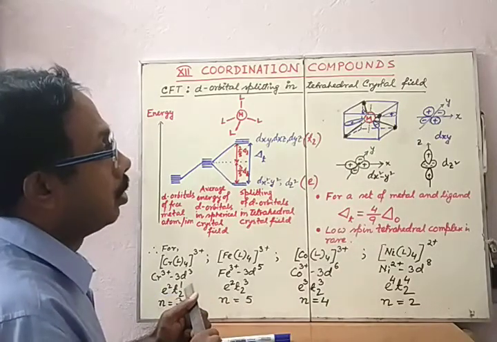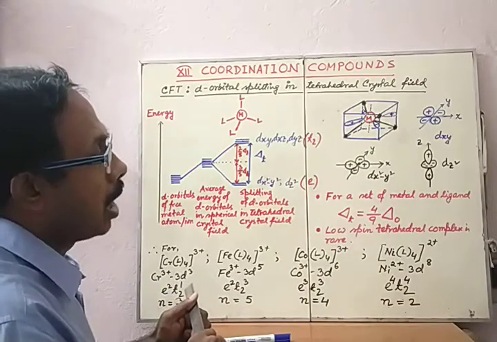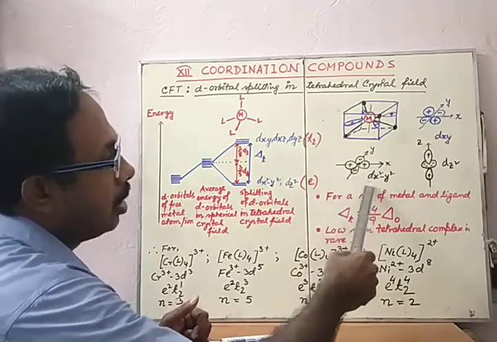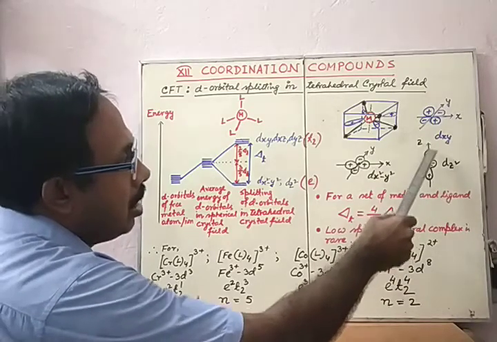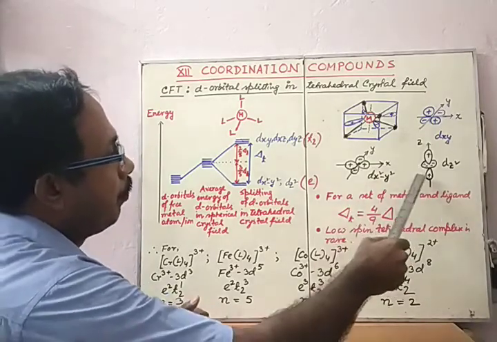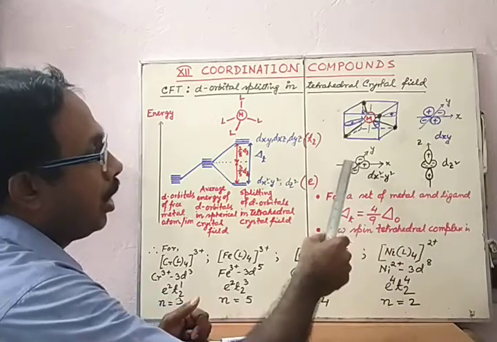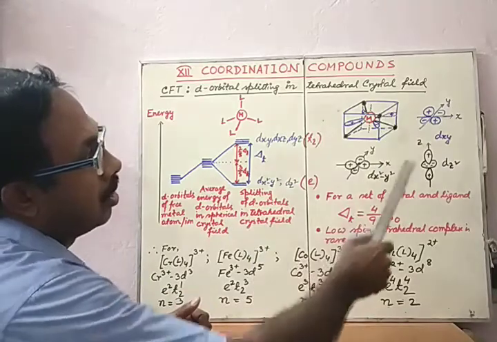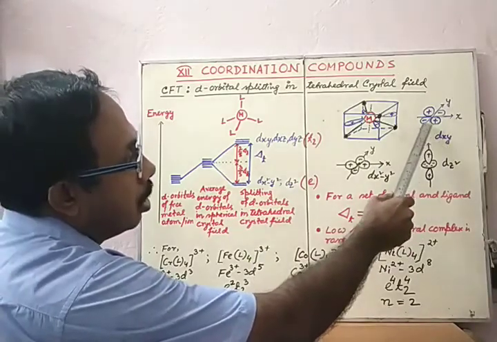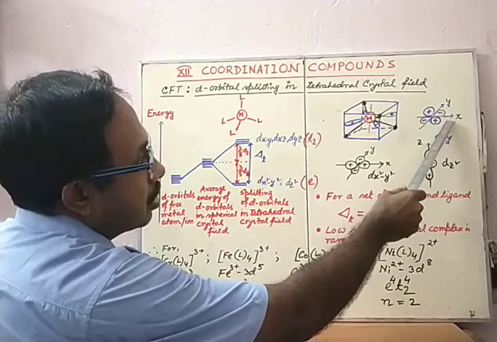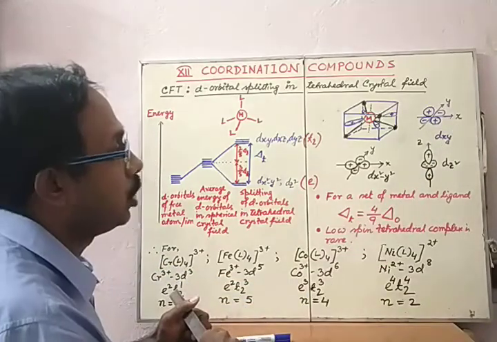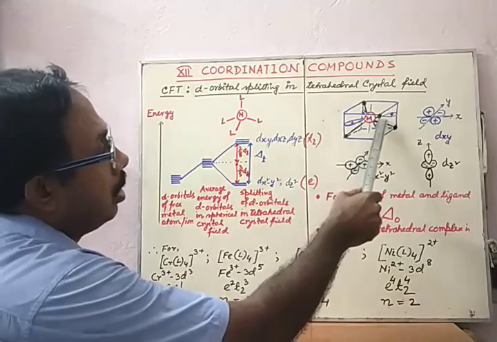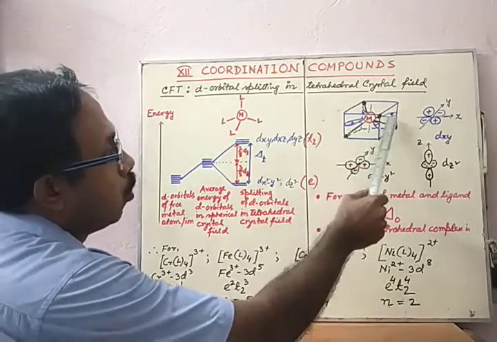Now the d orbitals that are along the axis, like dx square minus y square and dz square, are away from the ligands, and the orbitals whose lobes are in between the axis, like dxy, dxz and dyz, come closer to the ligand, as it is shown here.